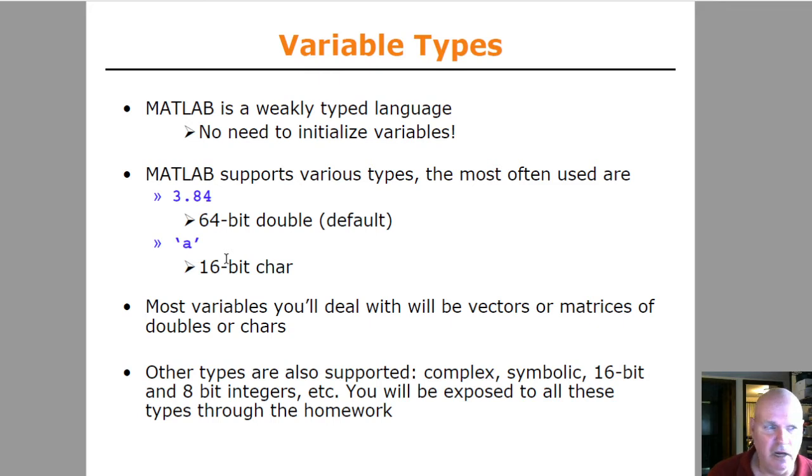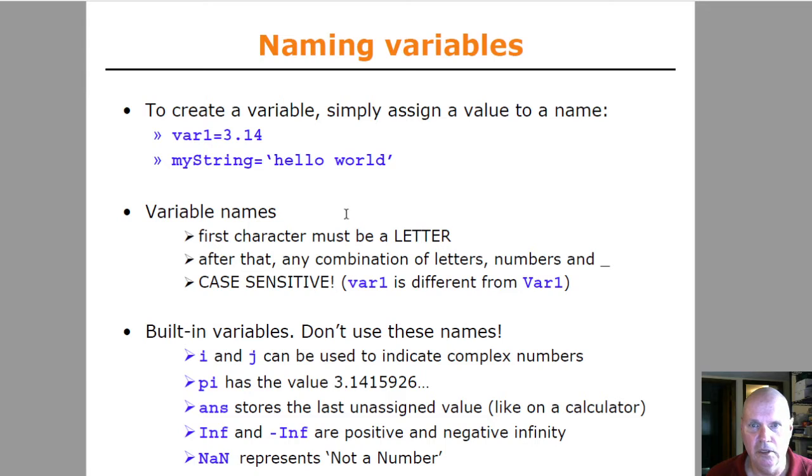In Octave, you can actually use either single quotes or double quotes. Octave does support other data types, complex numbers, symbolic variables, 16-bit and 8-bit integers, and we'll look at some of these others later on in this short course.